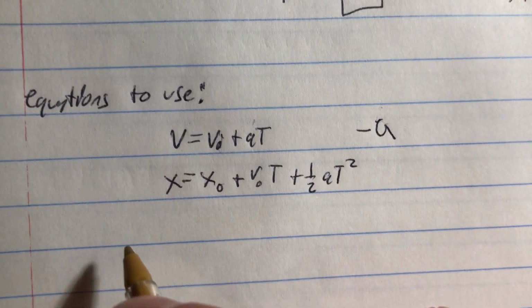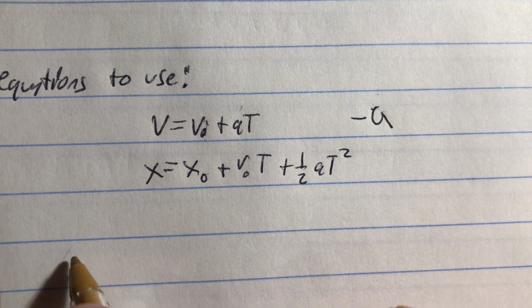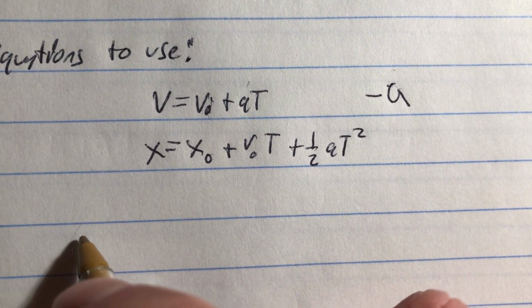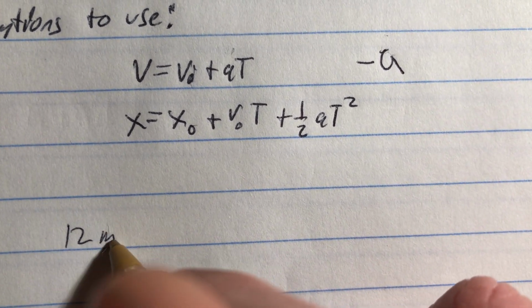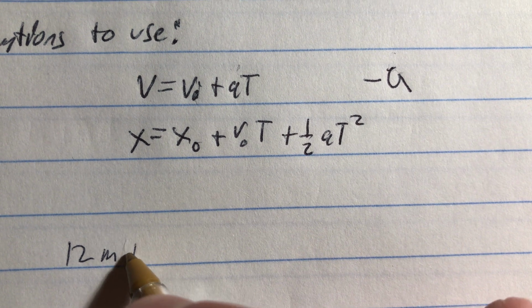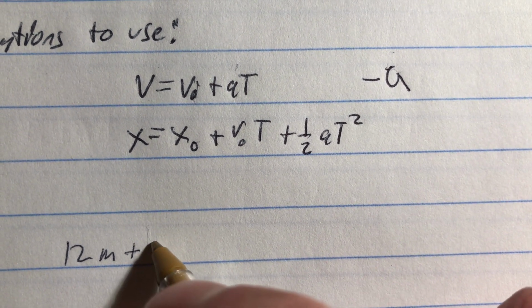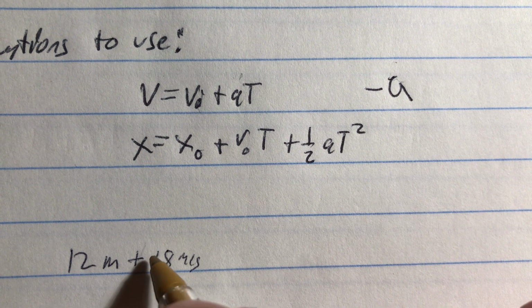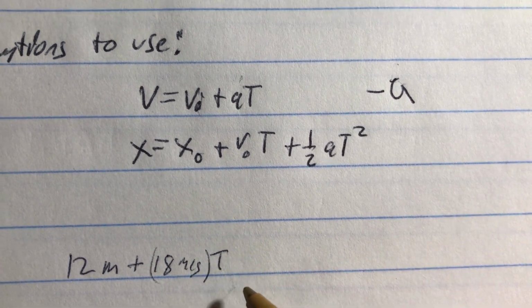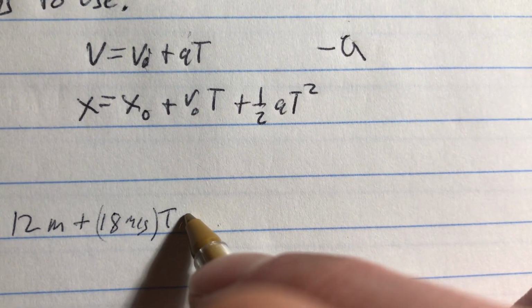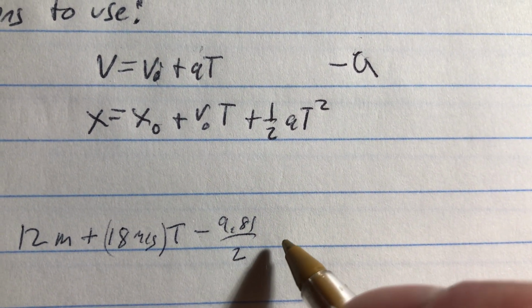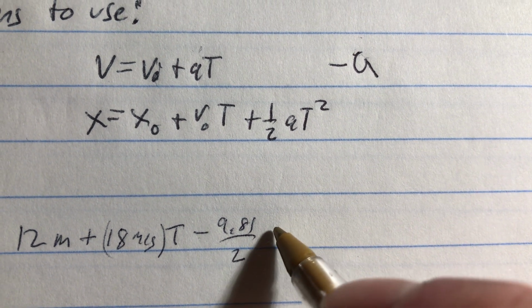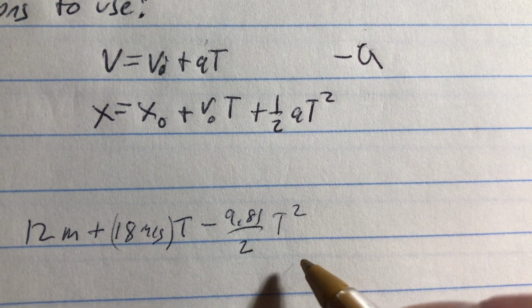So my x for the ball first is going to be x naught, which started at 12 meters. And then it's going up at a velocity of 18 meters per second. That was the v naught, and we're multiplying that by time. Then we're going to minus 9.81 over 2. That's a, and then over 2 for the 1/2, times t squared.